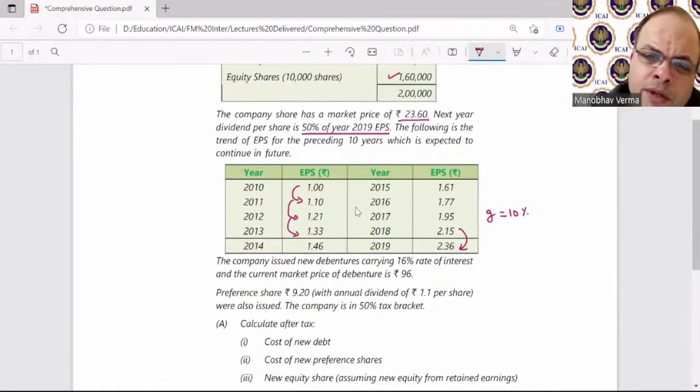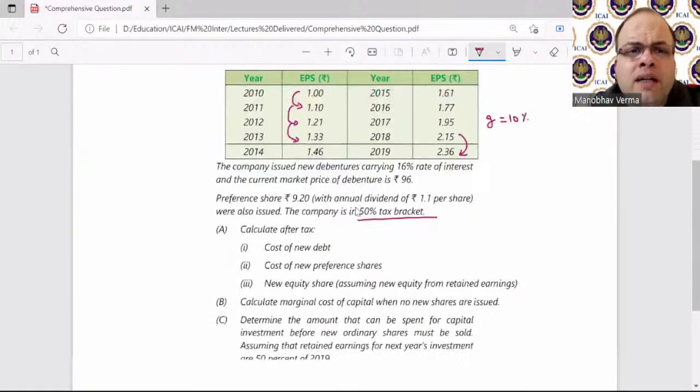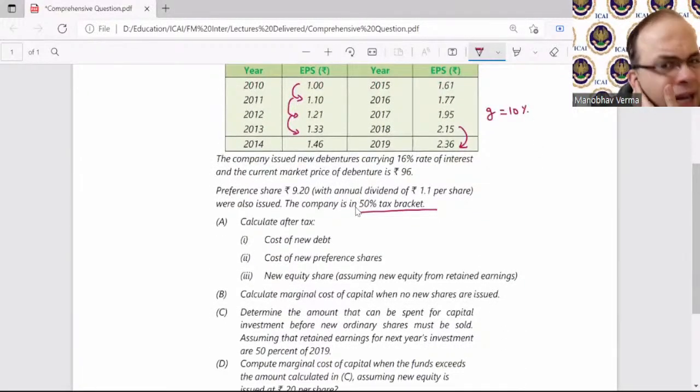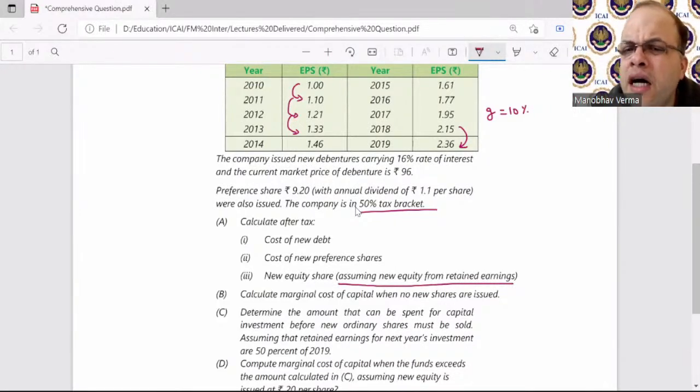Company is in 50% tax bracket. So what we are asking from ourselves is calculate after tax cost of new debt, cost of new preference shares, new equity share, assuming new equity from retained earnings.